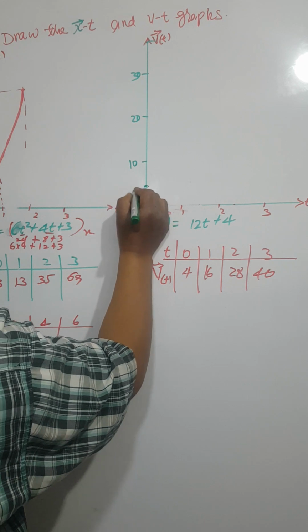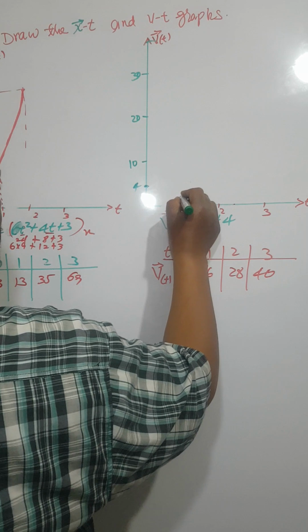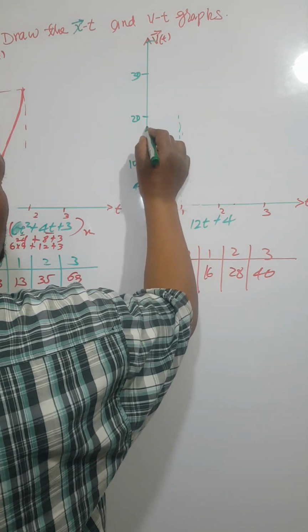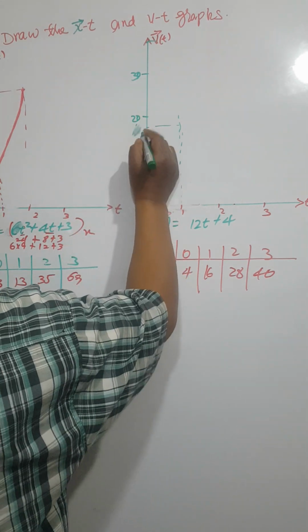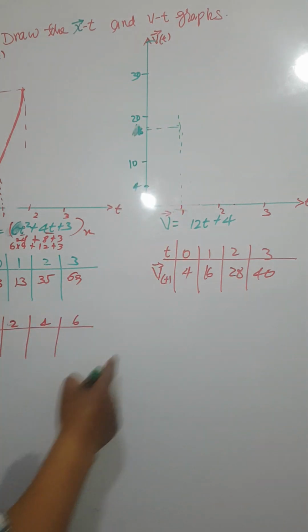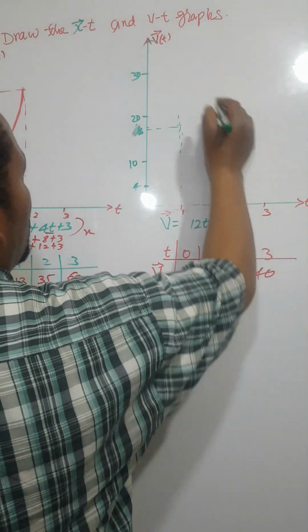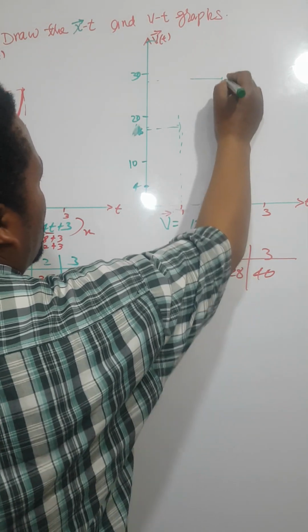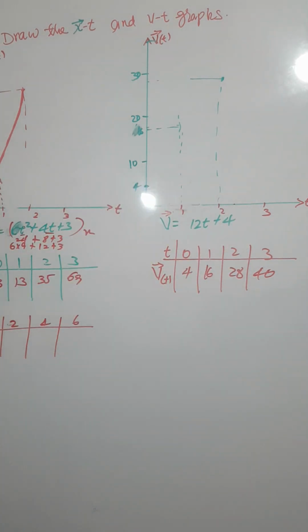When it's 1, this is 16 meters per second, closer to here. And when it's 2, this is close to this one. When it's 3, it's 40.